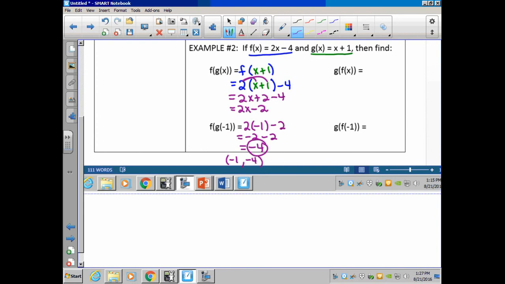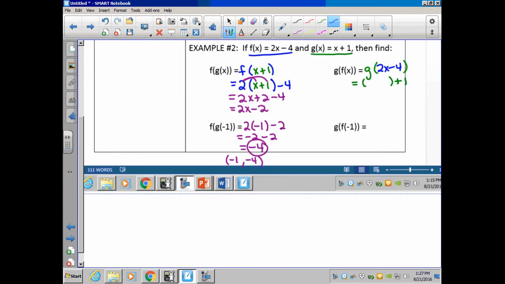All right, let's look at g of f of x. Okay, so my g function's in green, so I want g, and then f of x is 2x minus 4. All right, so I look back at my g function, and it's x plus 1.